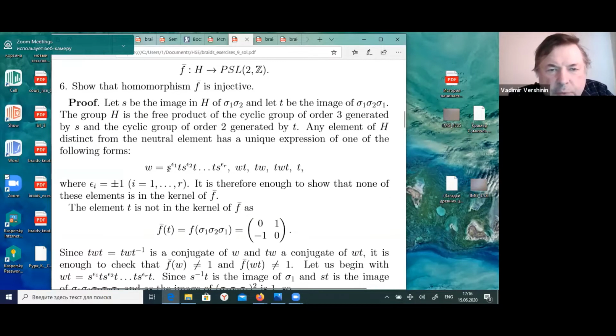It starts with S, epsilon 1, epsilon 2, epsilon r may be plus or minus 1, because S is the generator of the group of order 3, so there are 3 elements: neutral, S, and S minus 1, or S squared.